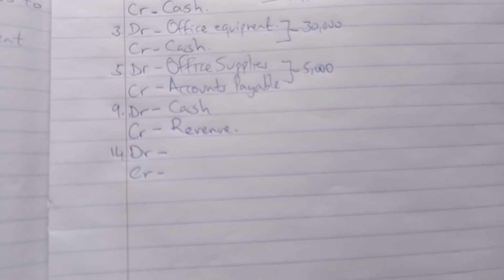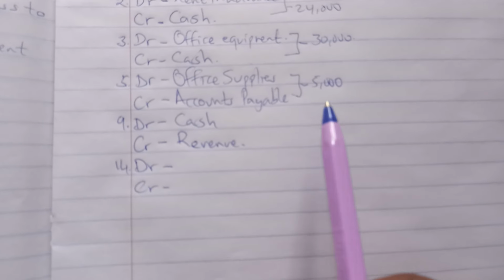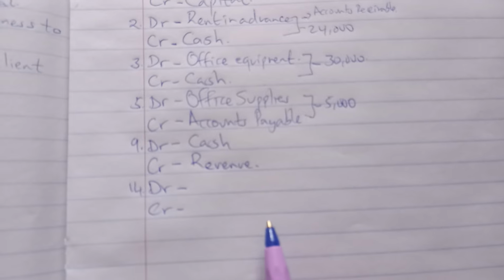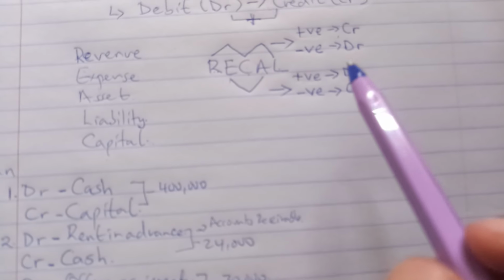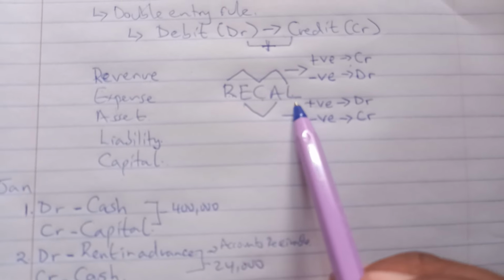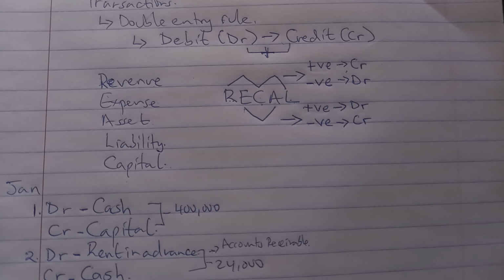So it's like we are paying off a little bit of our debt. So we had 5,000 debt. Now we are reducing that debt by 3,000. When we are reducing our debt, we know that the debt is a liability. Okay, that one we know.